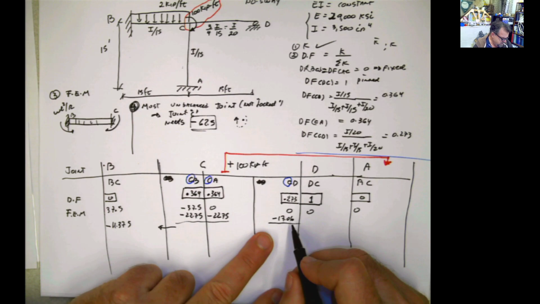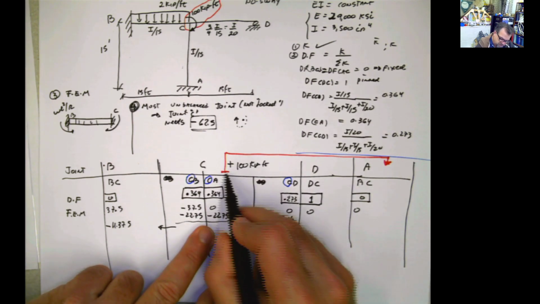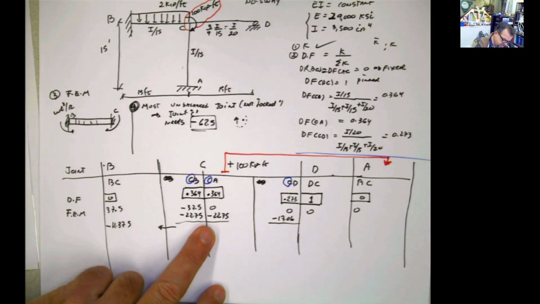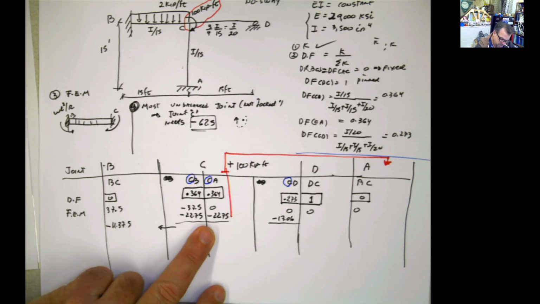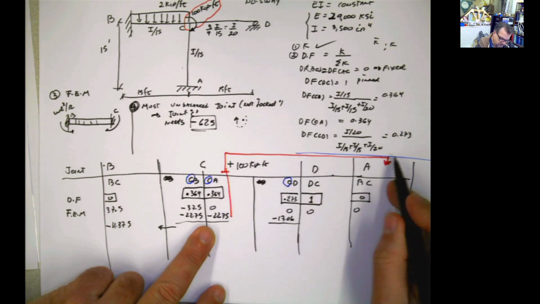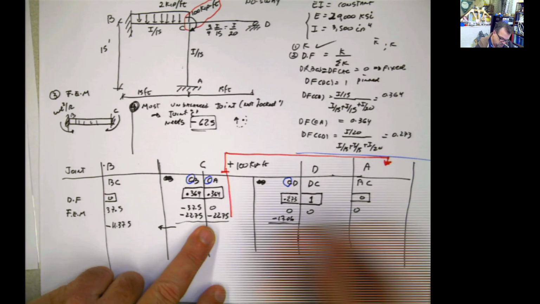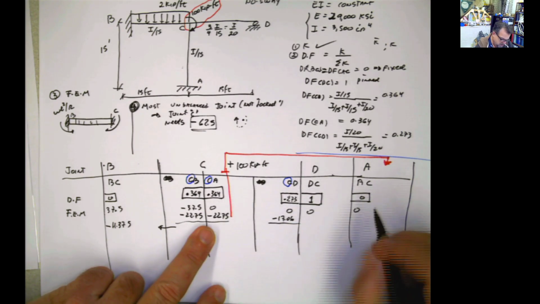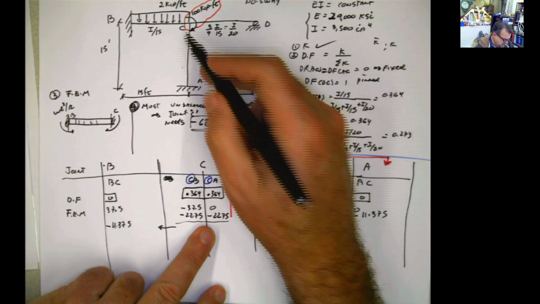This negative 22.75 is going to be transferring from here to A. Same value because it's 0.5. This multiplied by 0.5, so this is going to be transferring here negative 11.375.